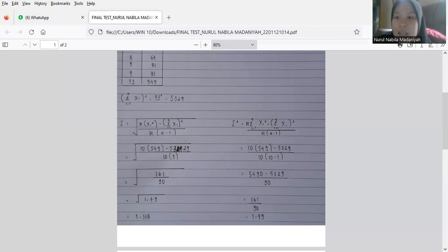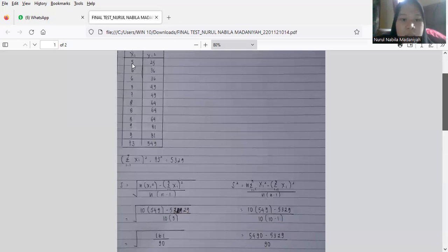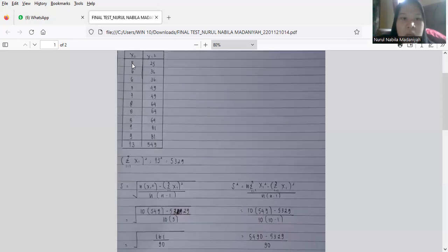Why can I get 10? It is because the n is from 5 until 9, that I count 1, 2, 3, 4, 5, 6, 7, 8, 9, 10. It is 10.